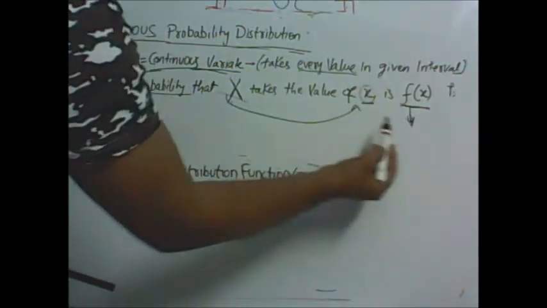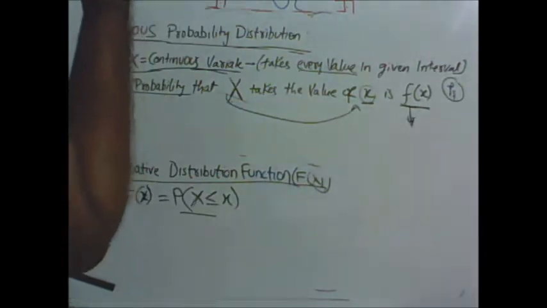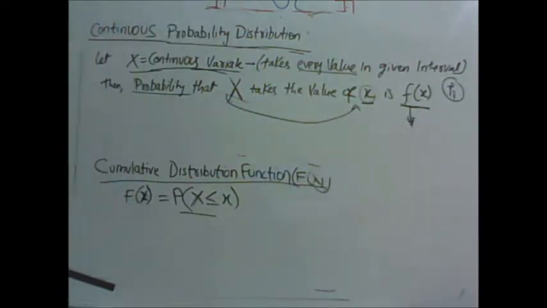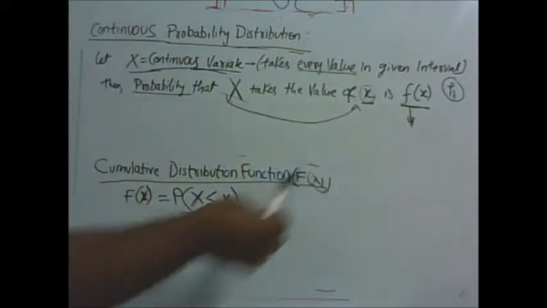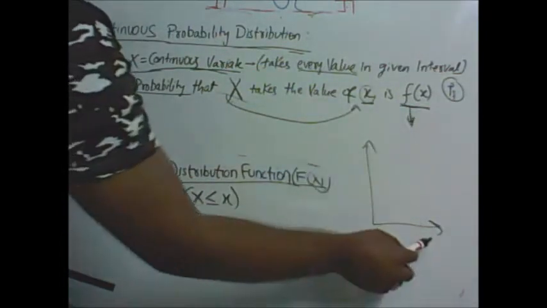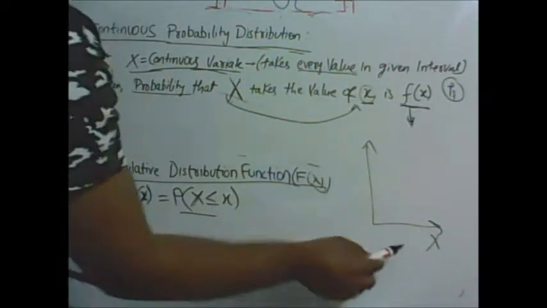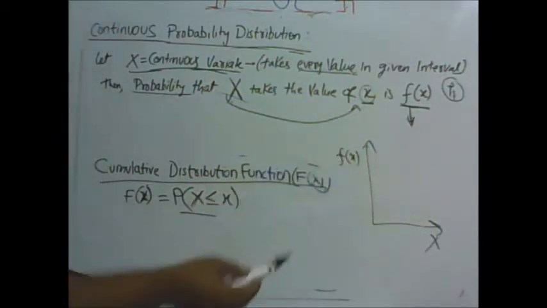In the earlier discrete case, I mentioned pi directly, because for a particular value of x there exists a particular value of probability directly. Here, in the case of continuous, if this is random variable x, then this will be a probability function.